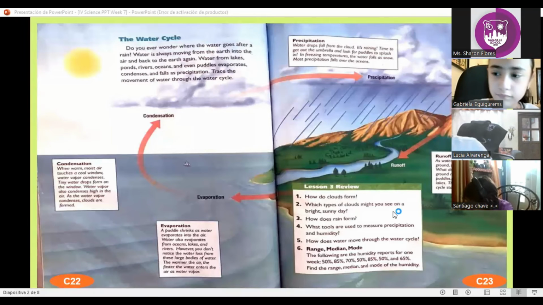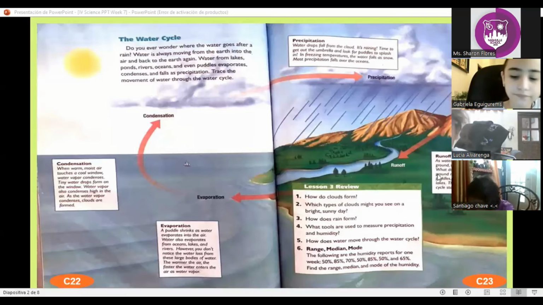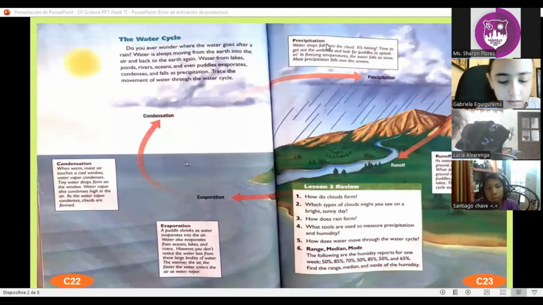As water reaches the ground, some soaks back into the ground, some runs down into a pond, river, or lake, then that will cloud and starts again. Okay, so thank you. That is for the runoff.